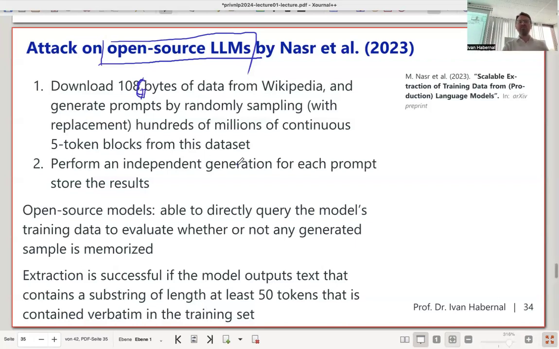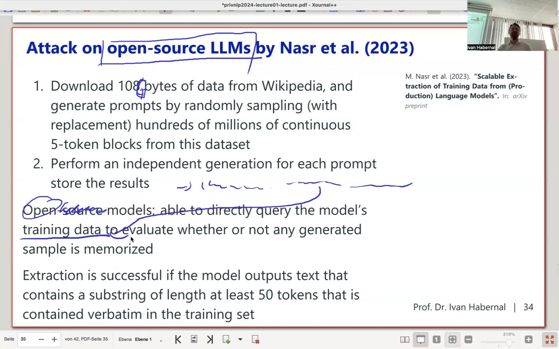Then you take one, prompt the model and generate the rest. And if this produces text, then in these fully open models you actually have access to the training data, so you can see whether it is in your training data or not.